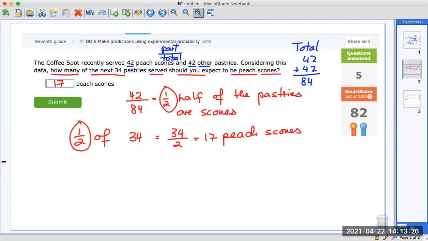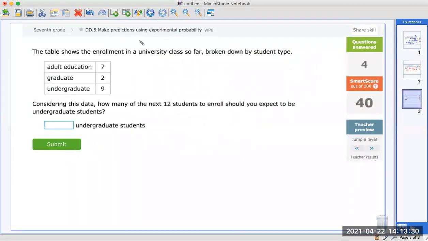Okay. And last, I have one that has a little table. So the table shows the enrollment. Again, I'm going to put our fraction up on top so we have it in front of our nose. It's the part over what you want over the total, and it's usually the part is a smaller number, the total is a larger number.